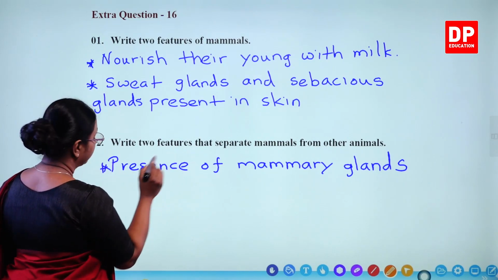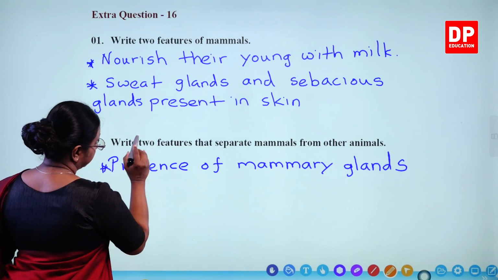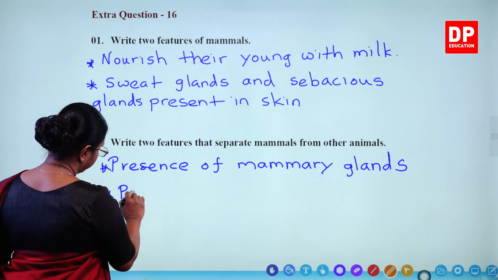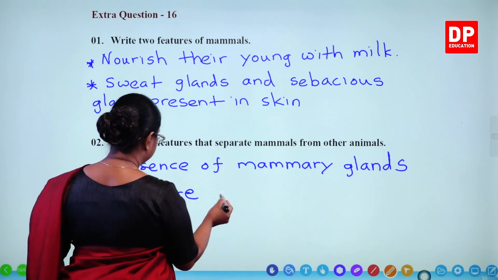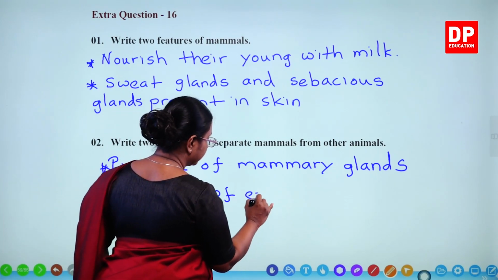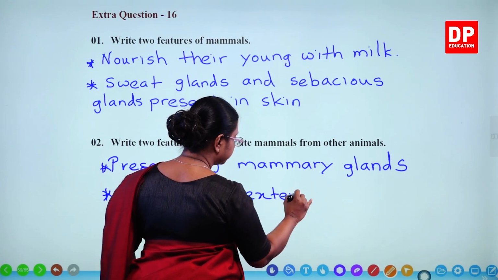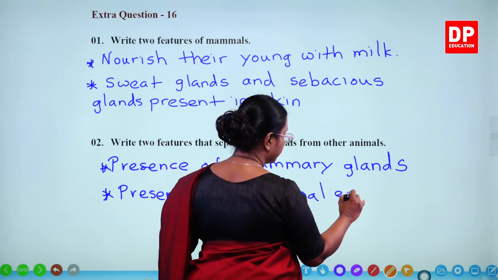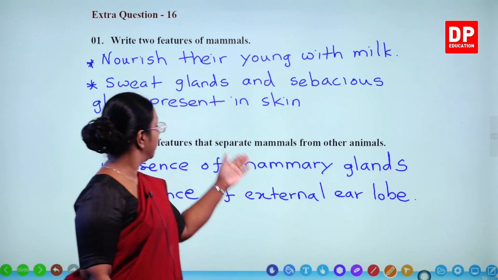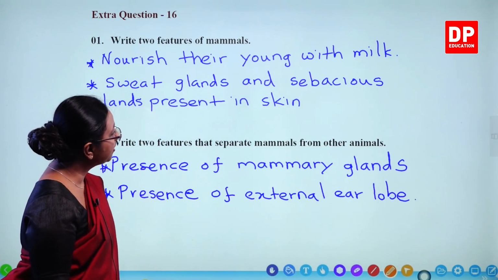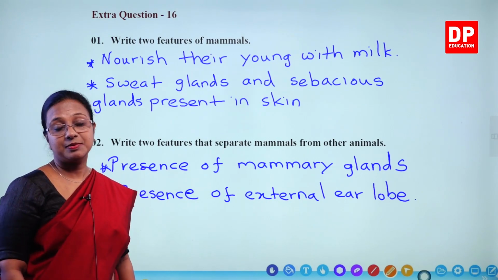So presence of mammary glands. Then I will say presence of external earlobe. So these are all features that separate mammals from other animals.